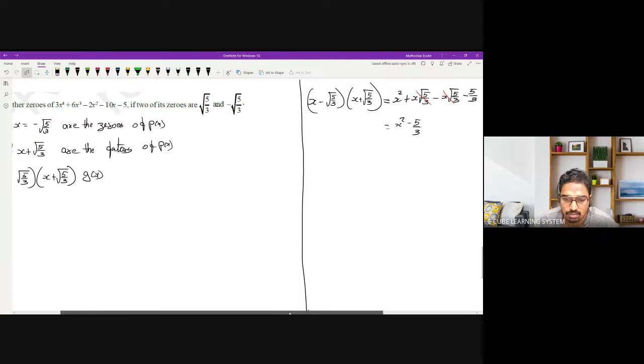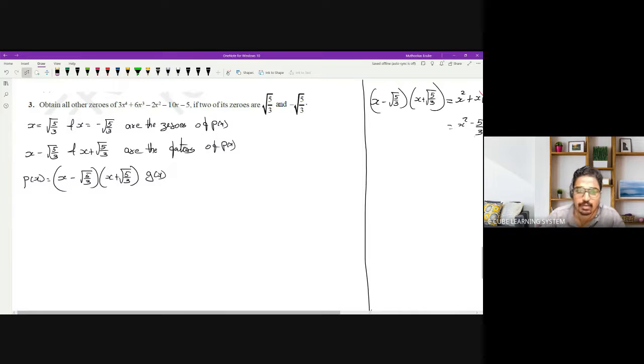So all together the question becomes p of x is equal to x square minus 5 by 3 into g of x.